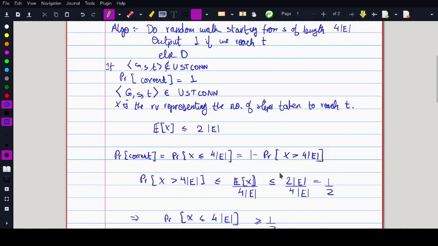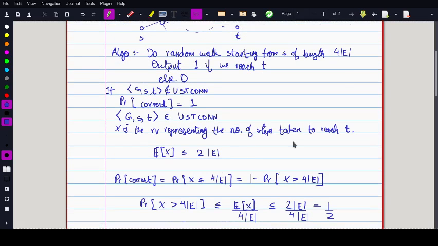Also, we are taking 4 times mod e steps. The size of e will be order n square, so the algorithm is also polynomial in running time.